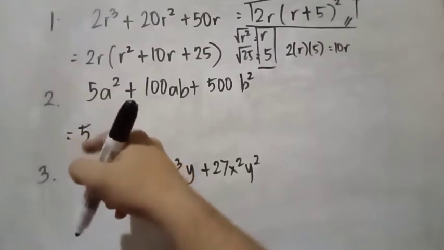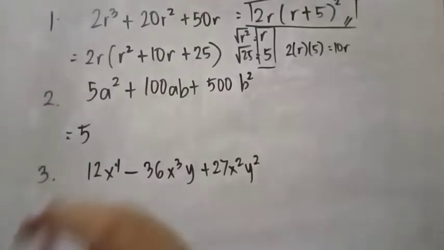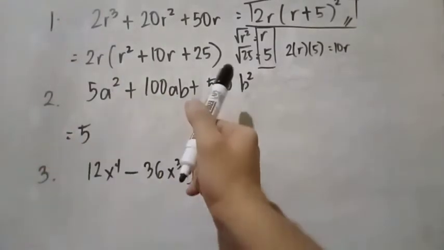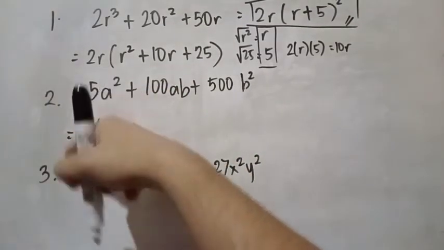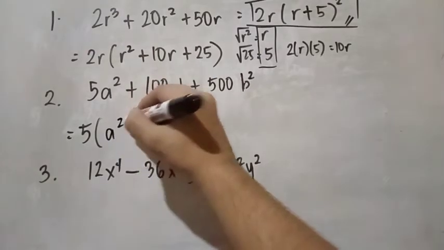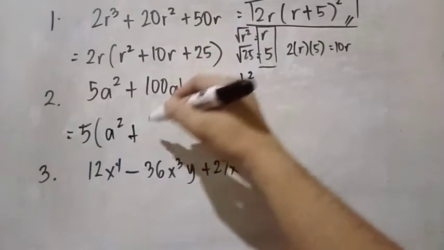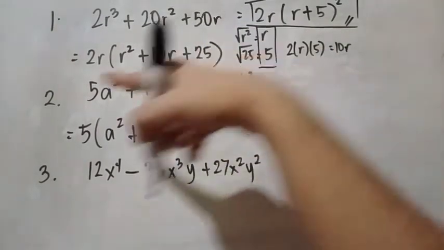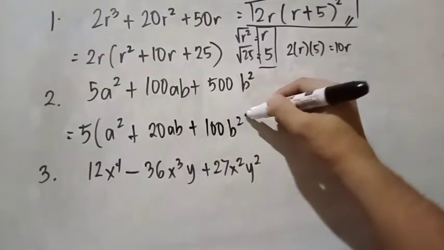So, walang variables na magiging common factor na ilalabas. Okay? So, yung numerical coefficients lang ang i-divide sa 5. Okay. So, nilabas na si 5. So, wala nang natira. A squared na lang po, no? Plus 100 divided by 5, that is 20ab plus 500 divided by 5, 100b squared.